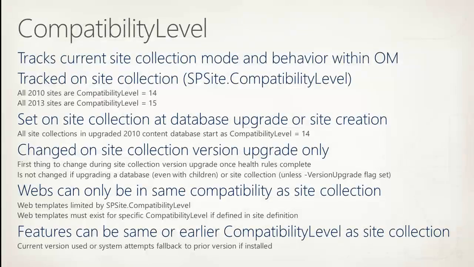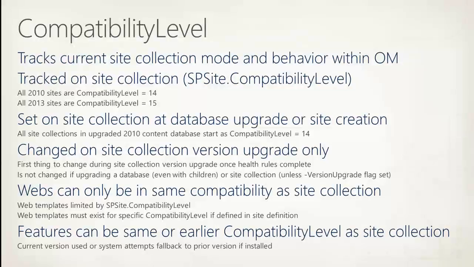Now, unlike visual upgrade, we are not tracking UI version down to each web, where they can be changed differently from each other. Instead, it's all on the site collection. It's safer for a bunch of reasons. I know it seems like it reduces the flexibility, and yes, I agree it does. But one of the main things to consider here is we don't just have features at the web level, we have them at the site collection level as well.